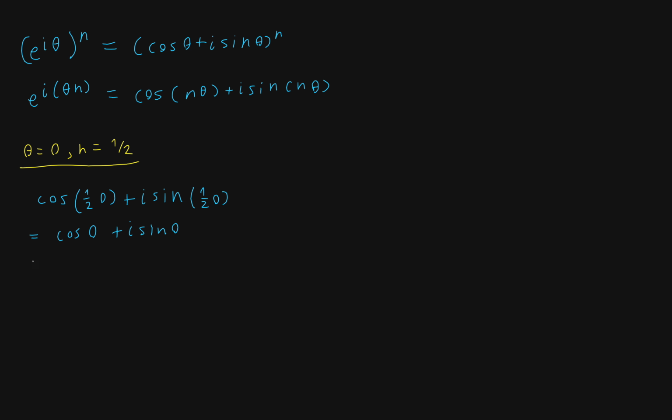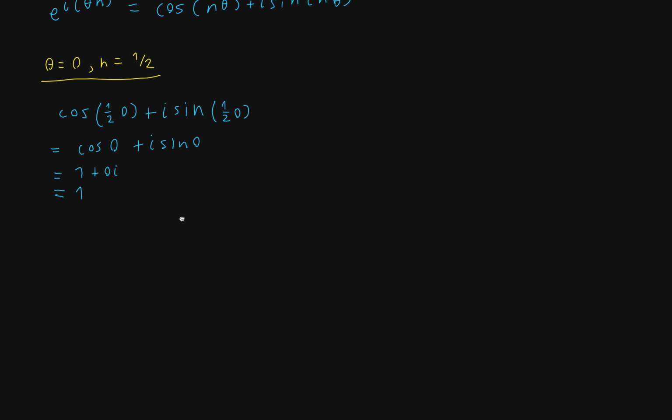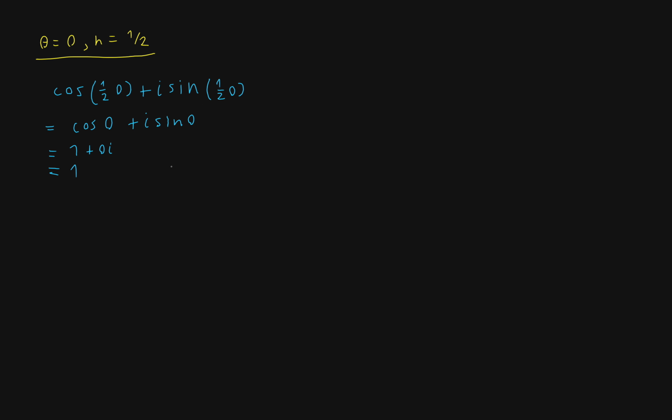Cosine 0 is just 1. Sine 0 is just 0, so you're going to have 1 plus 0i, which is simply just 1. However, if we know about the periodicity of complex numbers, you change the angle to 2 pi, then this is still going to be 1. So it's still going to be the square root of 1 basically.